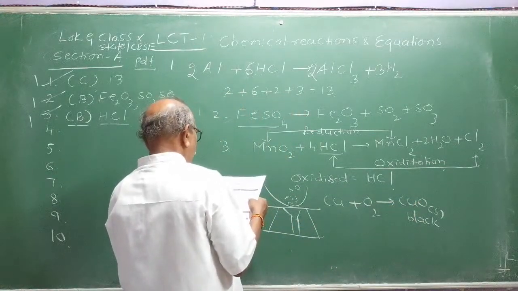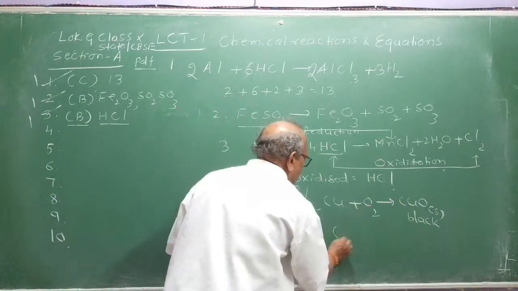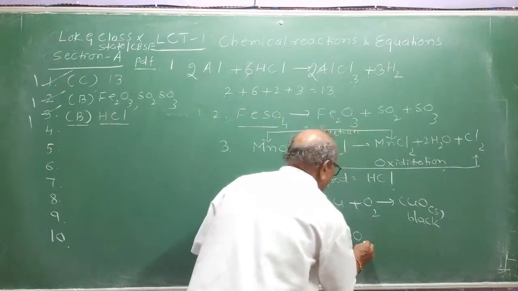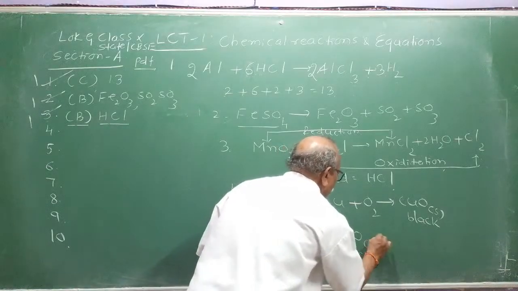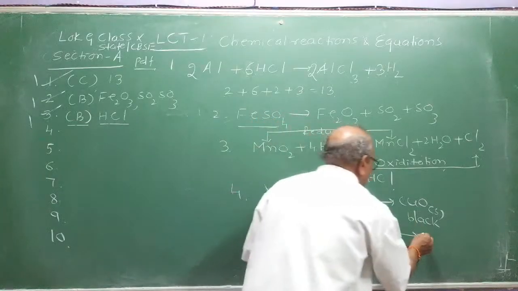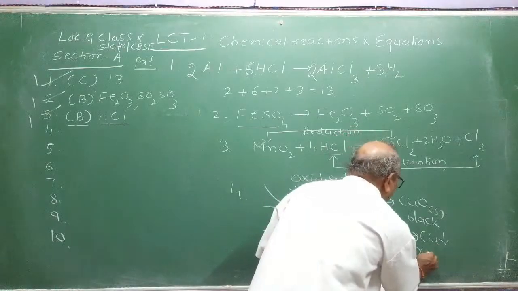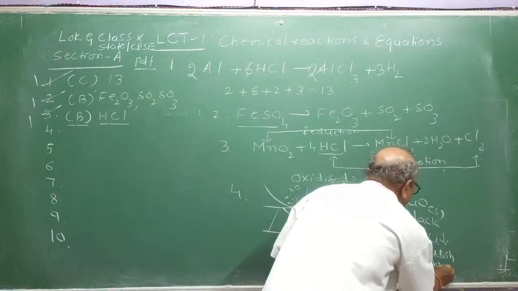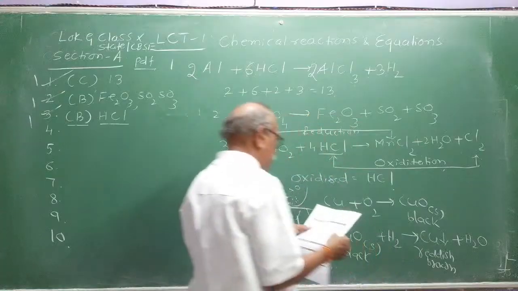The question is, a black solid becomes reddish brown. When you pass hydrogen gas over cupric oxide, a black colored solid, hydrogen will take away the oxygen and reddish brown copper is regenerated, plus you get H2O. This is the reaction.